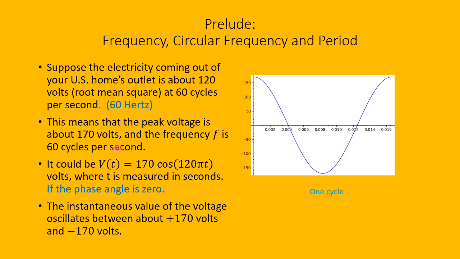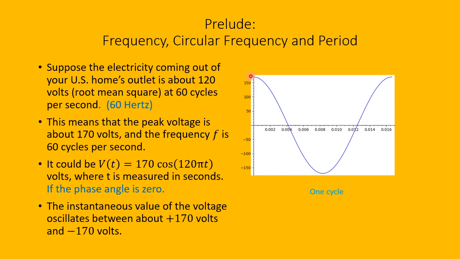So that means that we could have, for instance, the voltage as a function of time measured in seconds equals 170 times cosine of 120 times pi times t. Now, if you think about this for a minute, if we let t be 1/60th of a second, here's what would happen during that 1/60th of a second in this graph here.